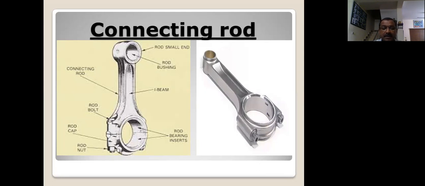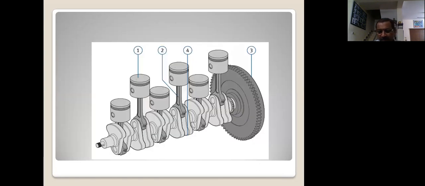This is another picture of it. Actually, this is an assembled portion of a piston. You have the crankshaft here, its main body, the journal portion, then the web portion. To the web portion we are connecting the lower end of our connecting rod.